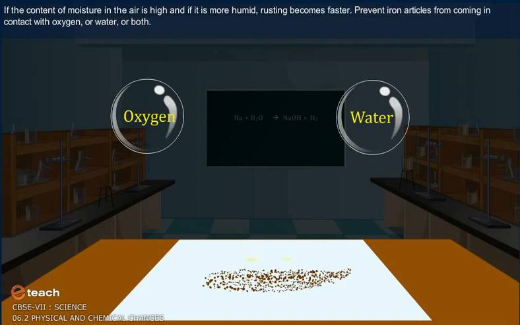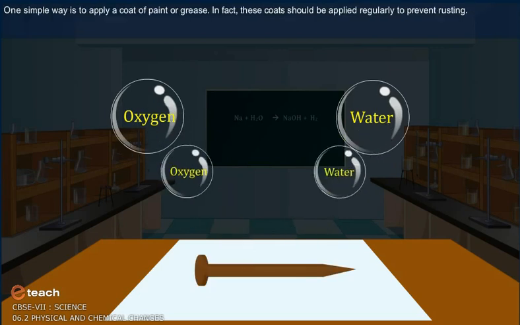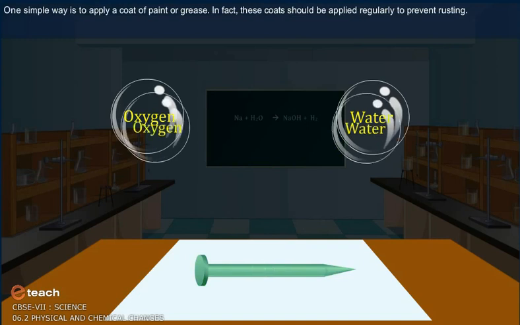Prevent iron articles from coming in contact with oxygen or water or both. One simple way is to apply a coat of paint or grease. In fact, these coats should be applied regularly to prevent rusting.